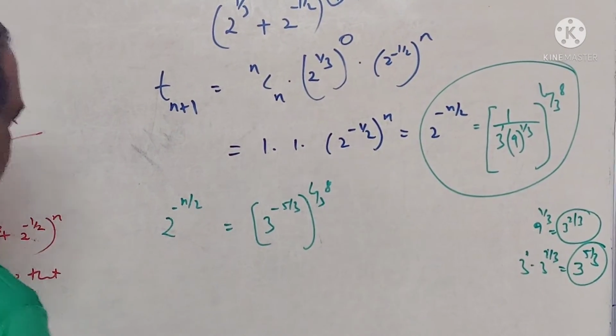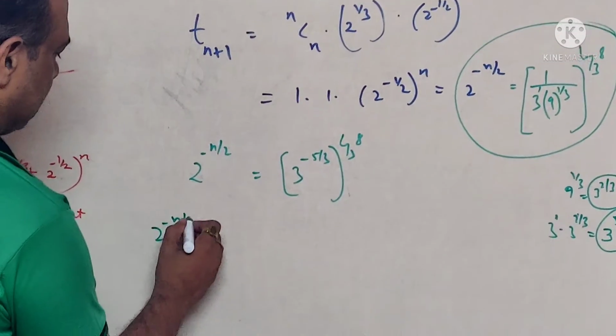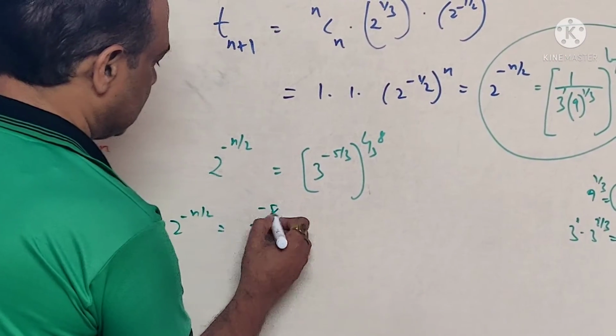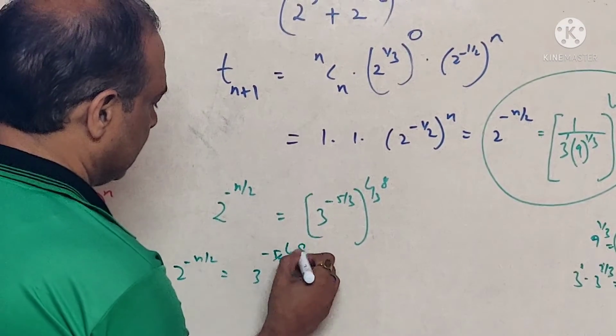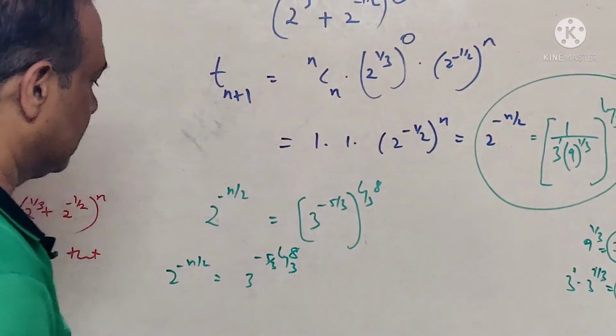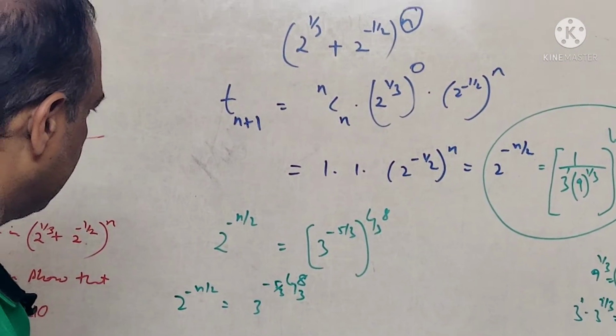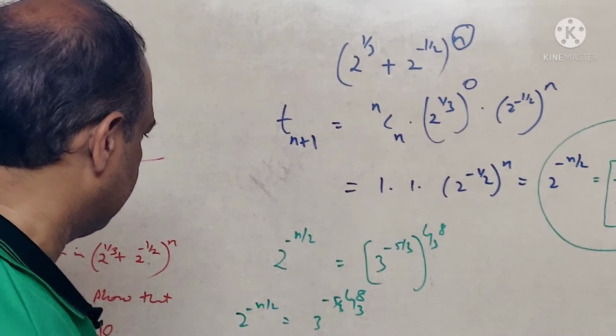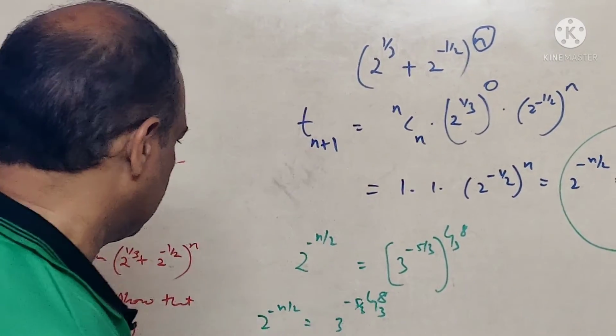Powers will get multiplied. You will have 2 power minus n by 2 is equal to 3 power minus 5 by 3 log 8, and this is base 3. Log 8 and base 3 are here. Then we can take this as the power on the 8.